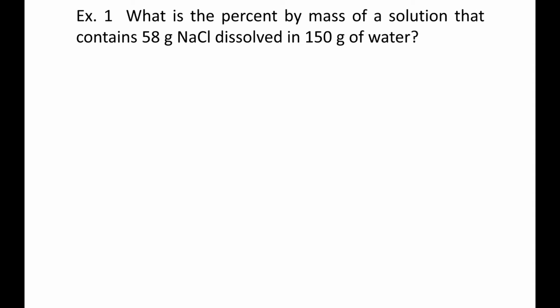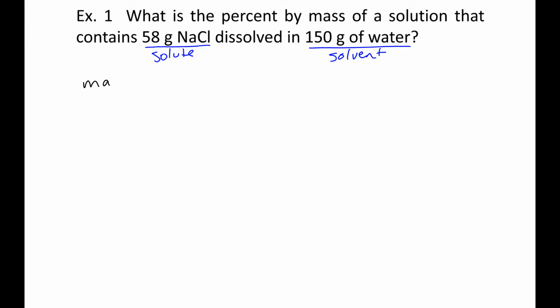Okay, what is the percent by mass of a solution that contains 58 grams of NaCl dissolved in 150 grams of water? Right now, this is our solute, and this is our solvent. So we have to find the mass of the solution first.